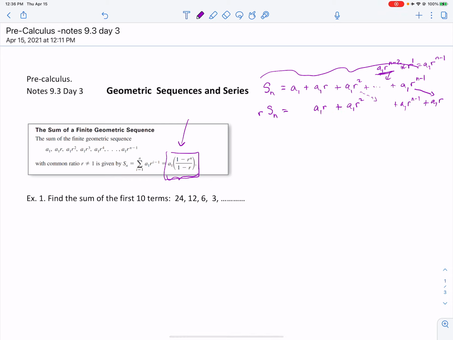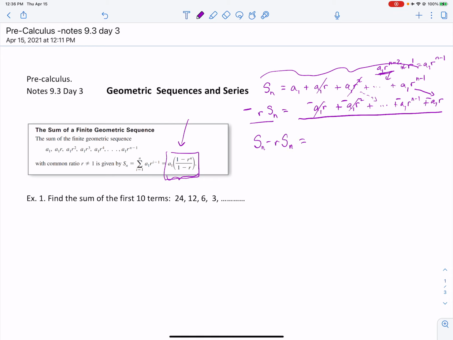So I have all of these that are being added up. But now what we do is we subtract. I'm going to subtract this expression on both sides, meaning that all of these are going to be treated as negative. And then these start canceling. On the left, I have S sub n minus r times S sub n.